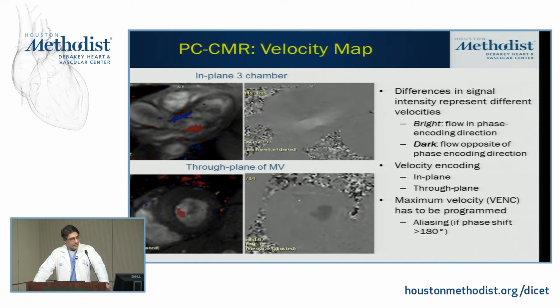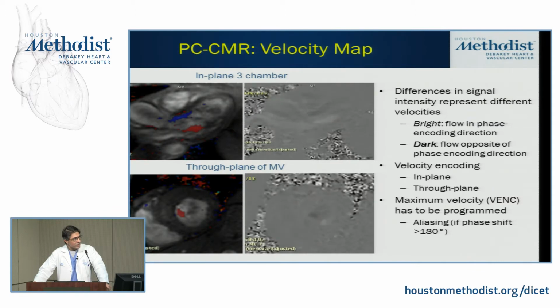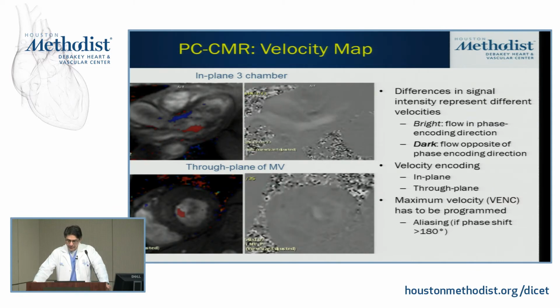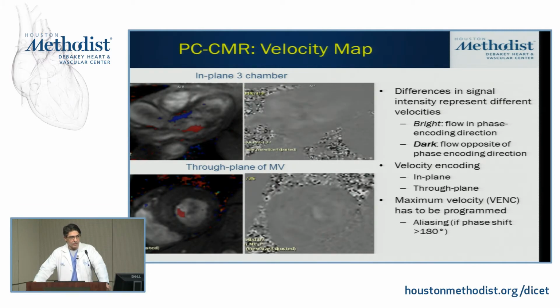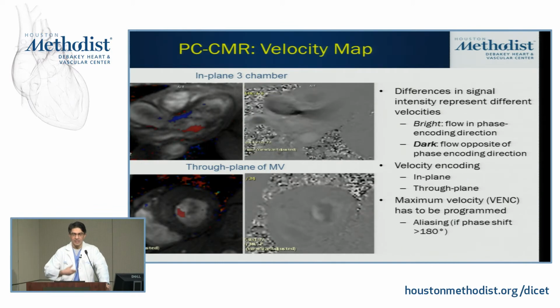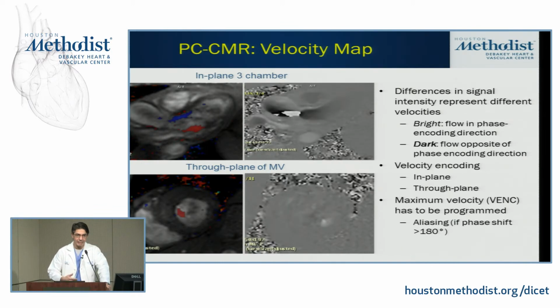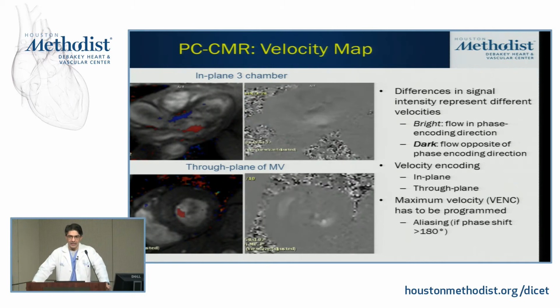The other aspect that's important to know about the phase contrast maps is that instead of the red and blue that you see with echo Doppler, here we usually have a scale of gray. It's usually either white or black, and depending on the velocities, gray in between.